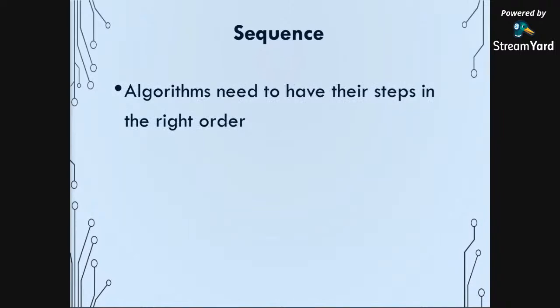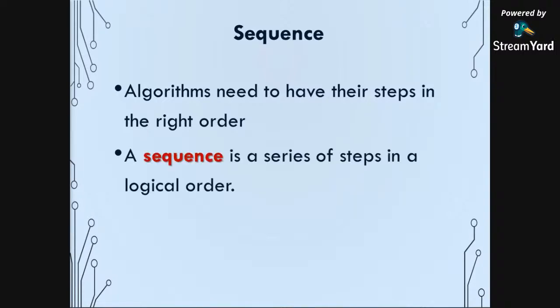Actually, algorithms need to have their steps in the right order. Like that sentence didn't make any sense when it wasn't in the right order, algorithms also need to have their steps in the right order. And a sequence, as I think we've discussed a few times before, is a series of steps in a logical order.